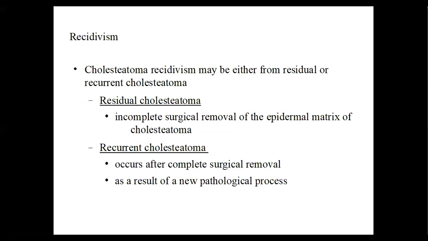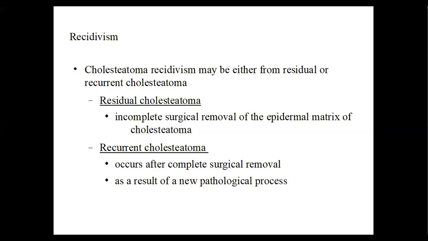As I'm mentioning recidivism, cholesteatoma recurrence may be either from residual disease or recurrent disease. There is no clear-cut guideline on how to differentiate residual disease from recurrent disease. Most surgeons go by the method that if you find on follow-up within 6 months that the cholesteatoma appears, then you call it residual disease.